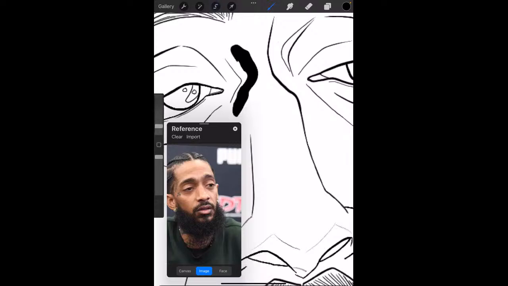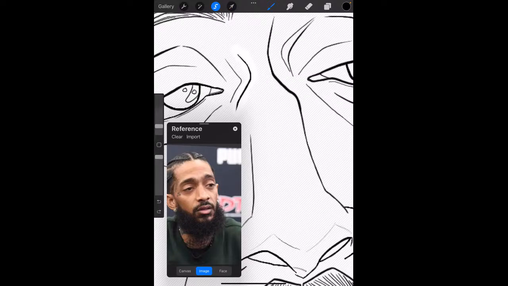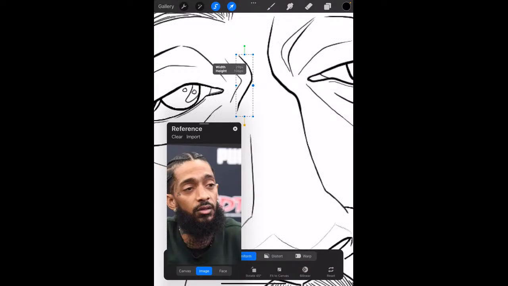I knew that was going to happen. We undo that. Okay, I didn't want to increase the size of it. I just want to be able to move it to be closer.